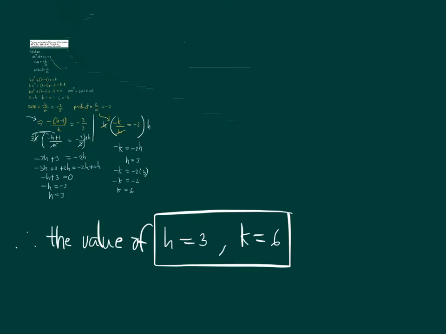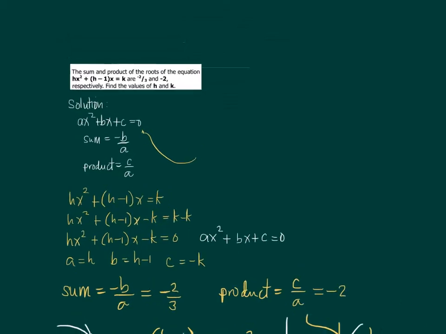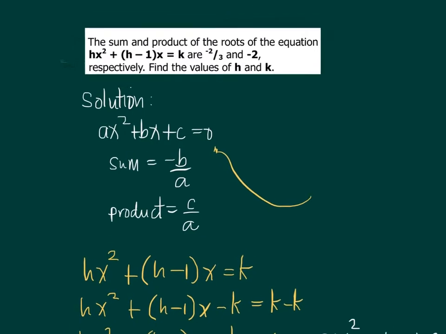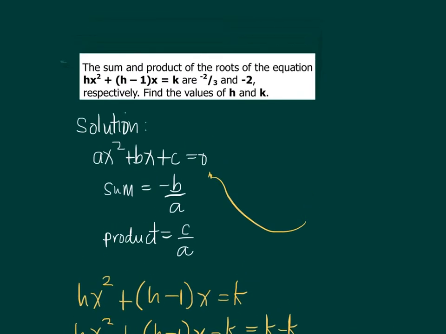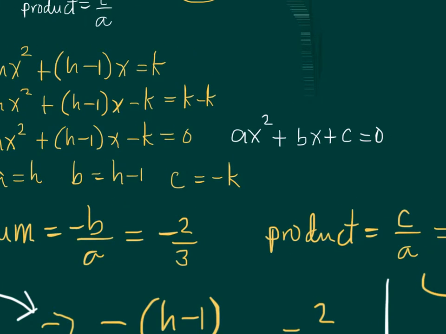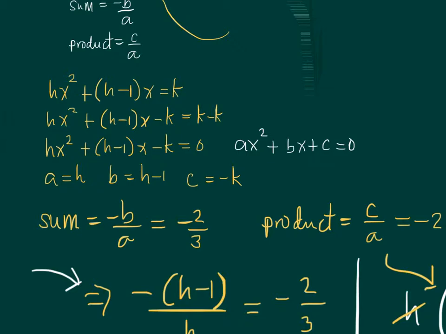Okay, so let's go back to the given problem and summarize the steps. According to the problem, the sum and the product of the roots are negative 2/3 and negative 2 respectively. So what we did, we transformed the equation into ax squared plus bx plus c form, and that gave us hx squared plus (h minus 1)x minus k.